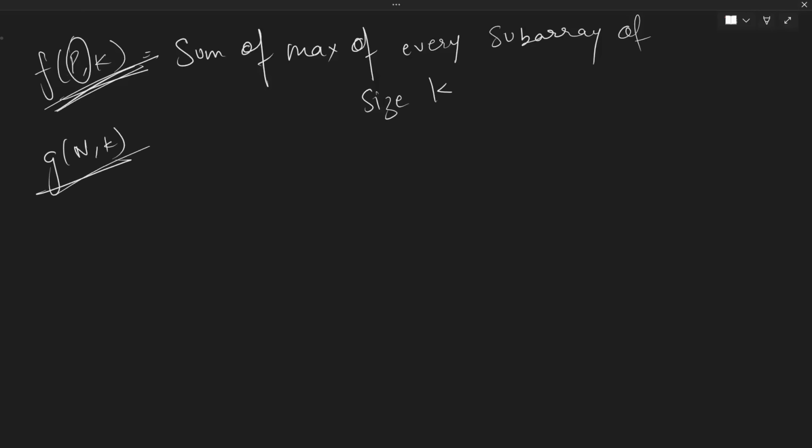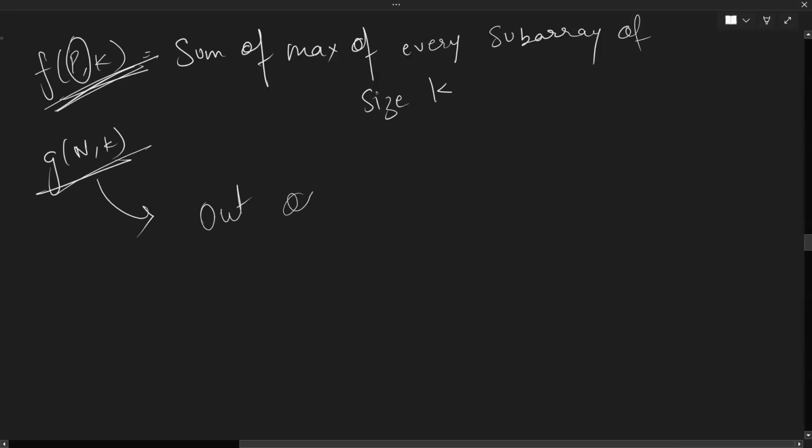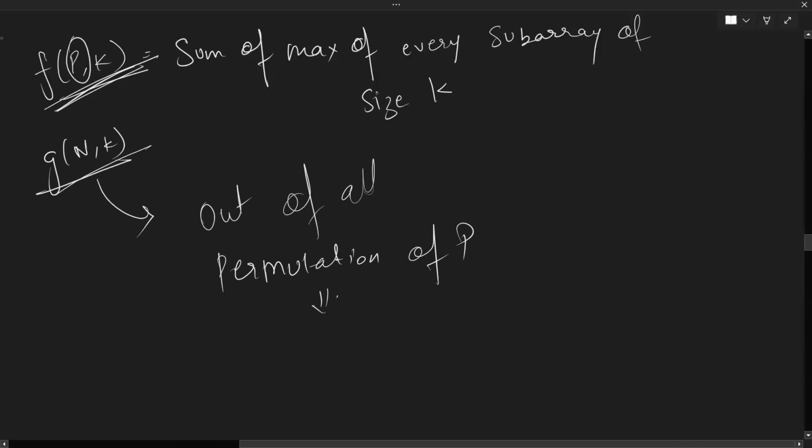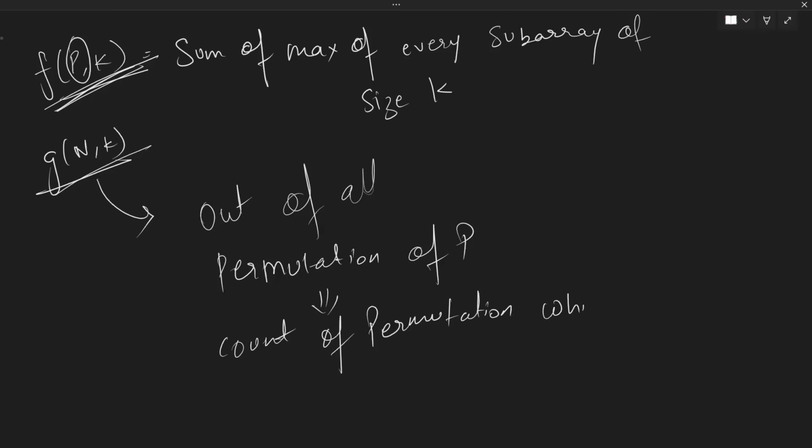So g of nk is, out of all permutations of p, the count of permutations which give the maximum value of f of pk. Is it clear?